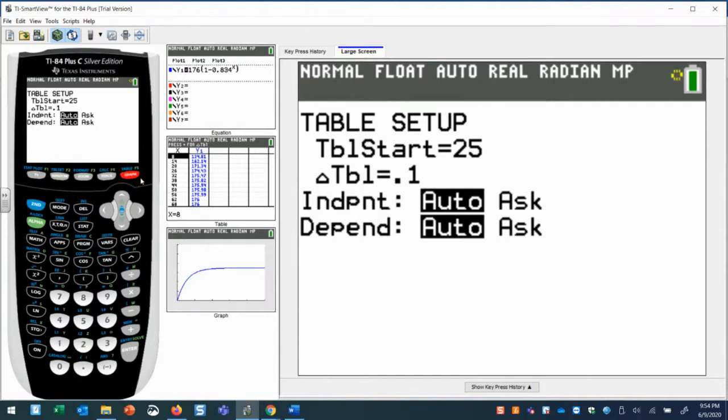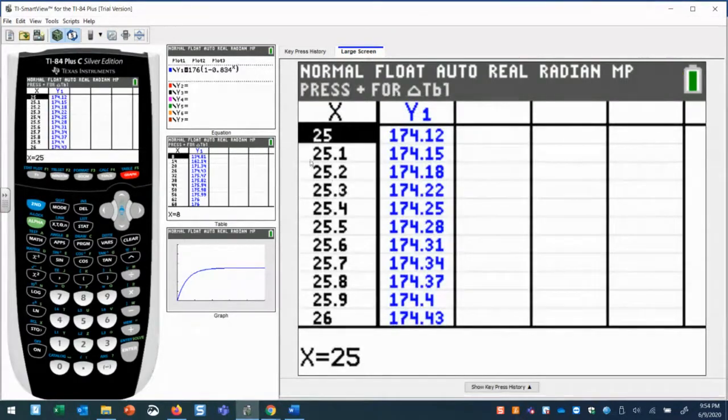Second table. So 174.24 is between 25.3 and 25.4, round to the nearest whole number, so our answer is 25. We see that 174.24 is between these two numbers here.